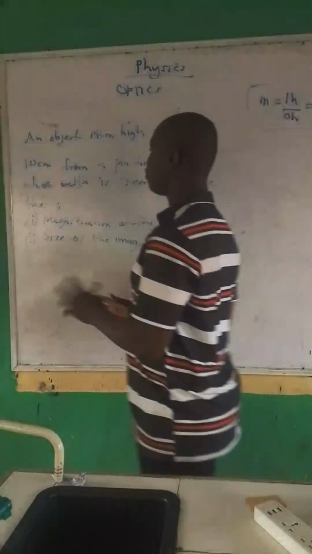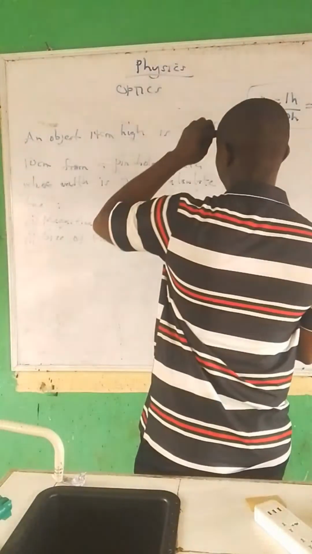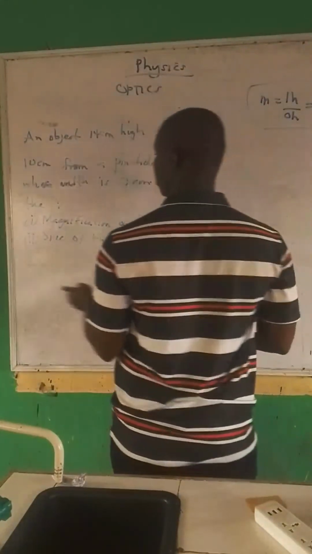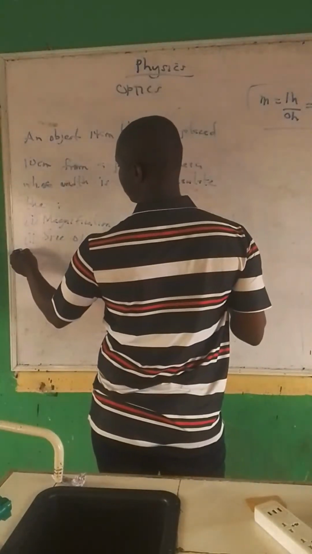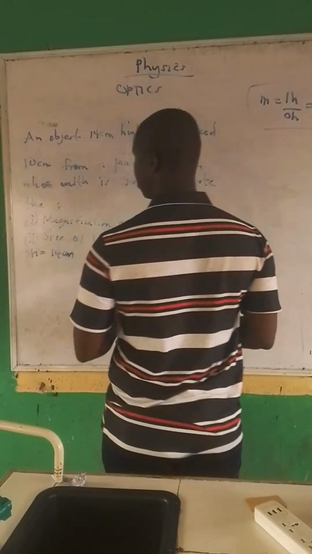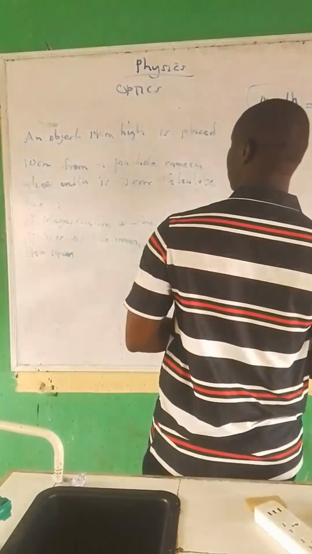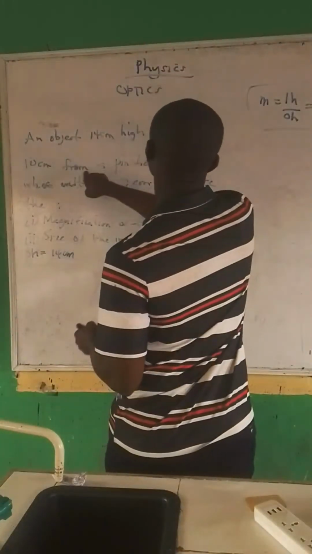It's very, very easy. The first thing, an object is 14 centimeter high. That means the object height is 14 centimeter. Then it said it's placed 10 centimeter from a pinhole camera.